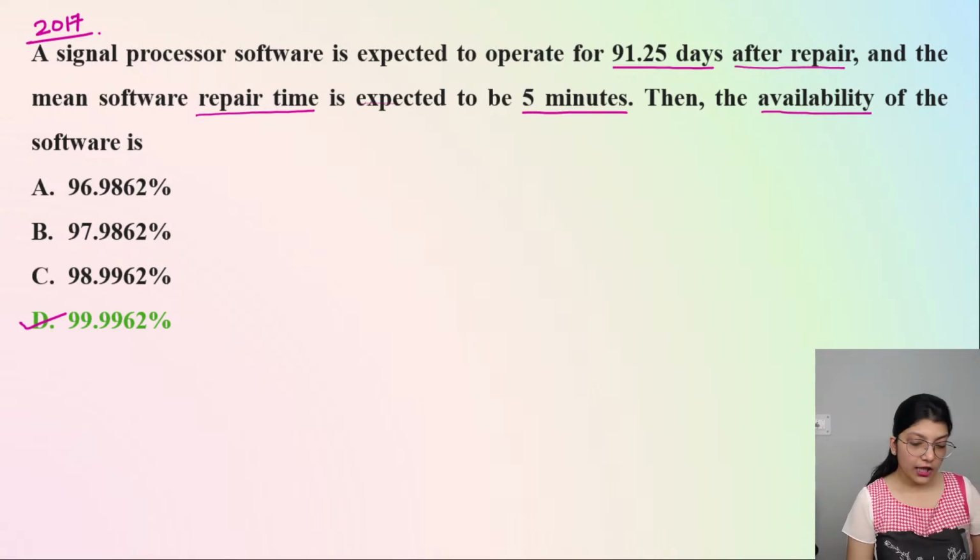So now, what is the formula for calculating availability?